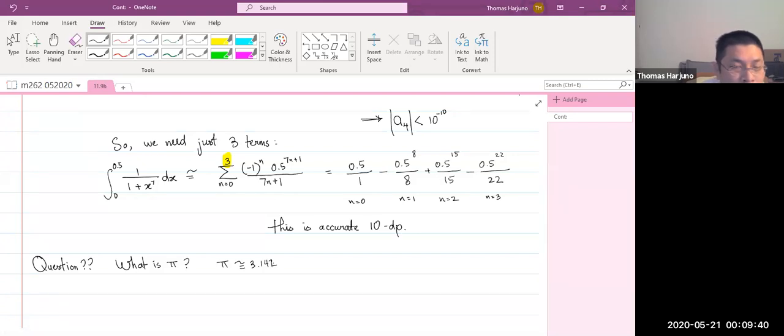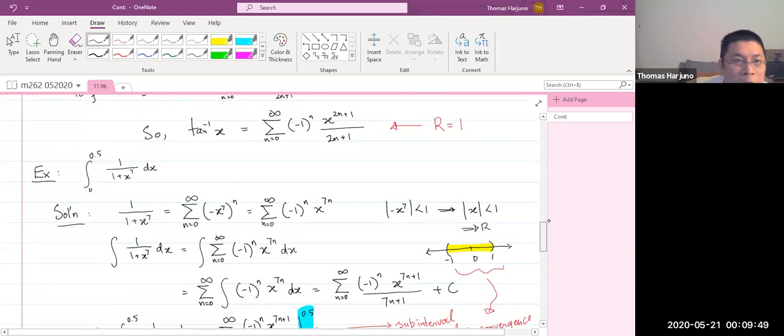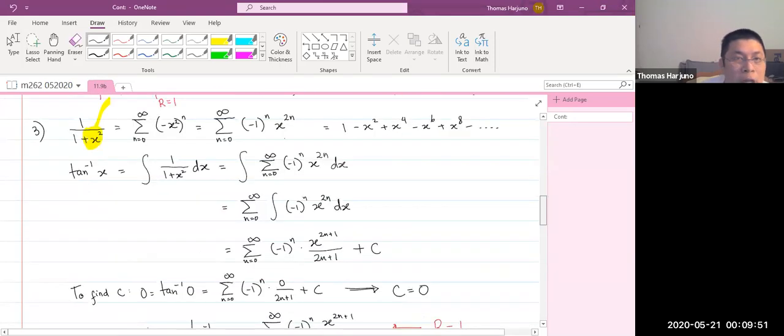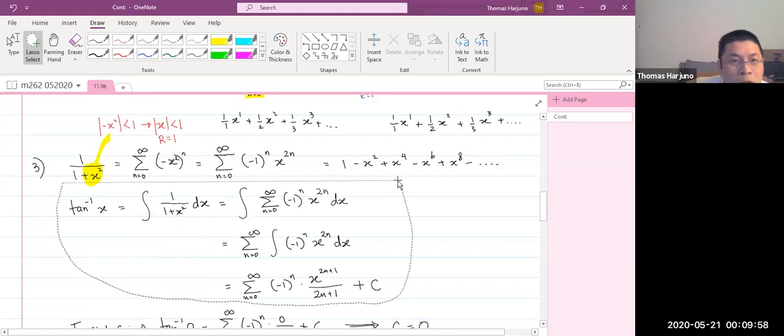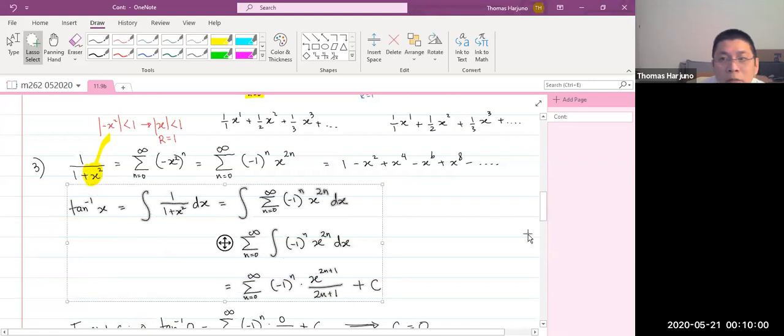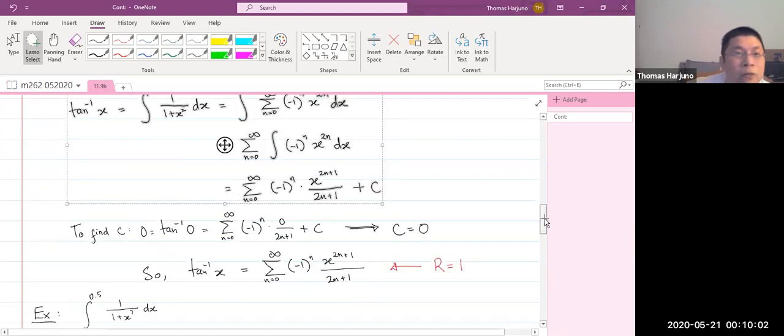But if we want to find, let's say, accurate to 20 decimal places, how do we do that? If you take a look at the side note of our textbook, they actually get it from here.